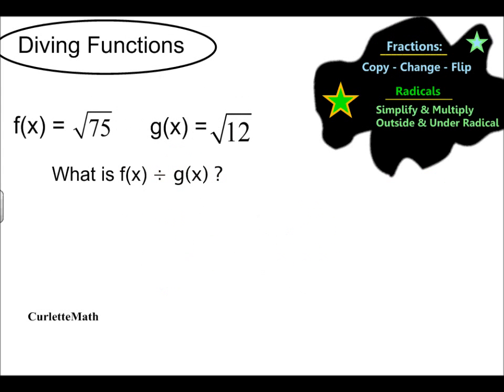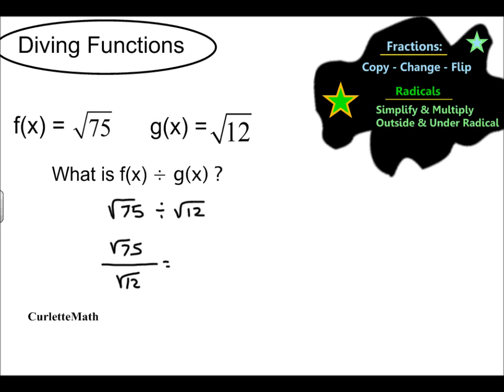Our next example says, what if we have the same square roots, but now we are dividing? So that's going to be the square root of 75 divided by the square root of 12. Well, let's break it down.